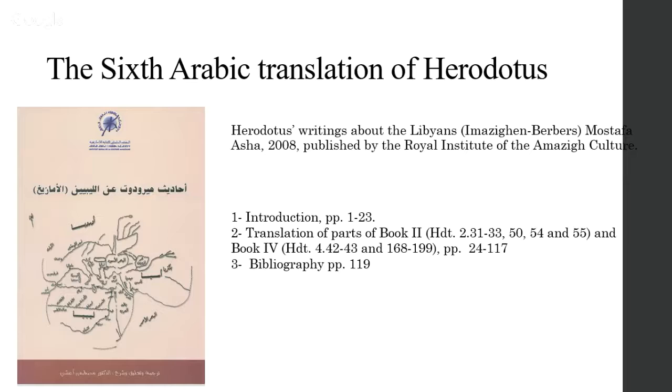Of course, he translated parts of the second book and the fourth book of Herodotus. So you see the selectivity of the translator here, but you could also see the selectivity of the translation in the labels he used.